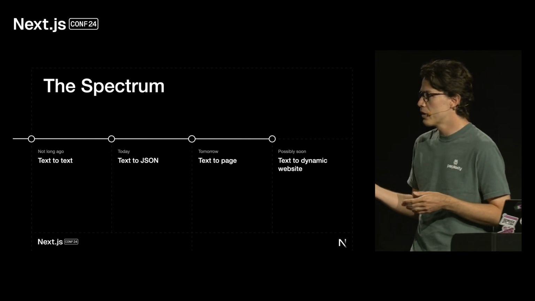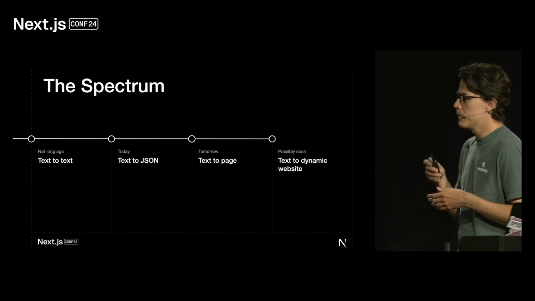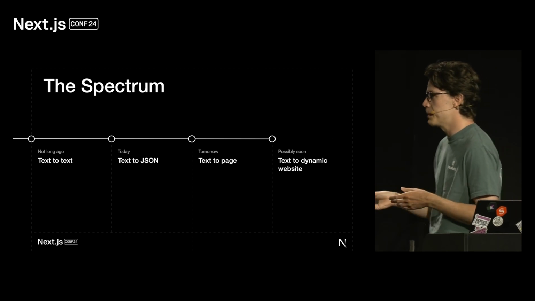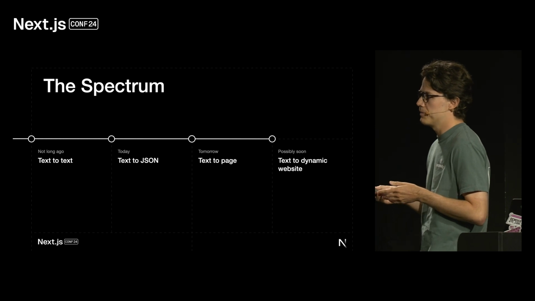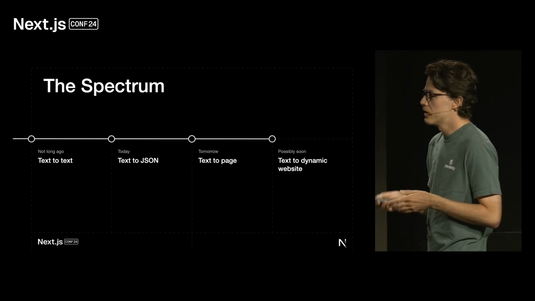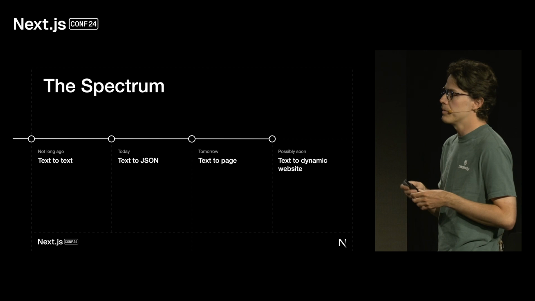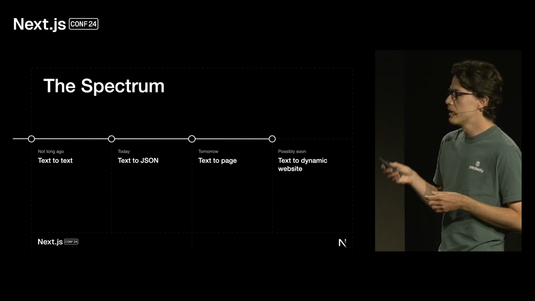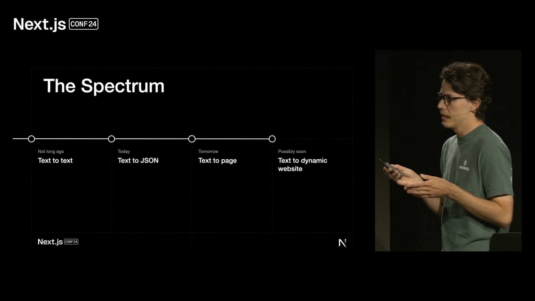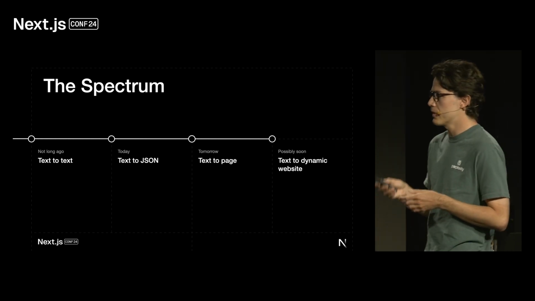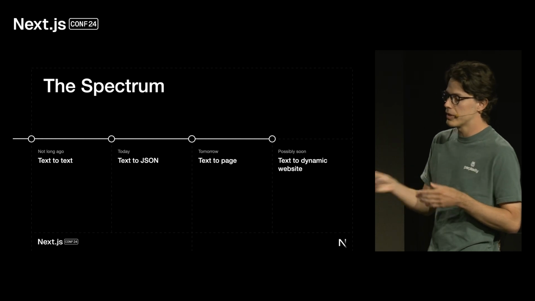As you can see, not long ago, pioneer products like ChatGPT and Perplexity offered text-to-text conversations. Right now, models are capable of generating structured data like JSON and rendering markdown responses.